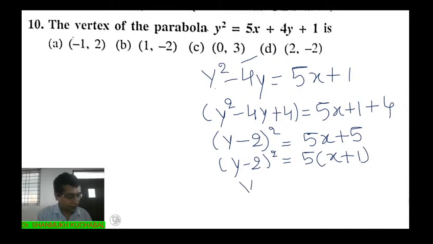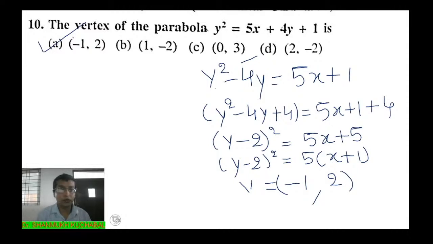Therefore for the vertex, x plus 1 equal to 0, so minus 1 we get. Just change the sign of the x term. Here y minus 2, so the y solution is 2. Therefore the vertex is minus 1 comma 2. Therefore option A, minus 1 comma 2 is the right answer.